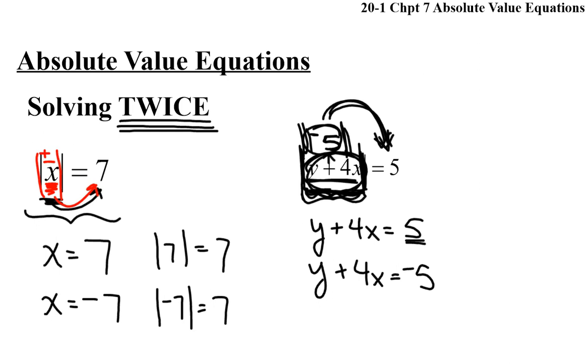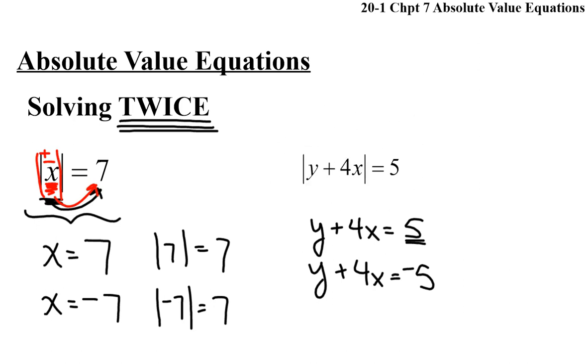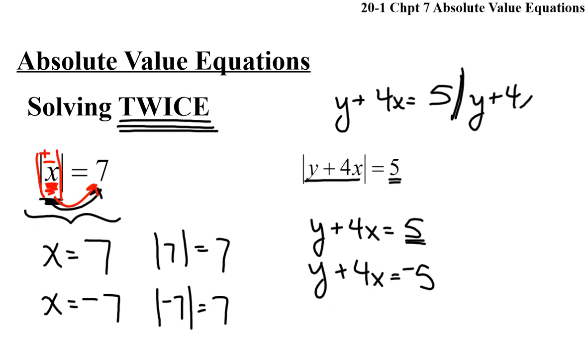So anytime we go to solve absolute value equations, we have to solve twice, because what's inside the absolutes could equal the positive of what we're trying to get, but what's inside the absolutes could also equal the negative of what we're trying to get.